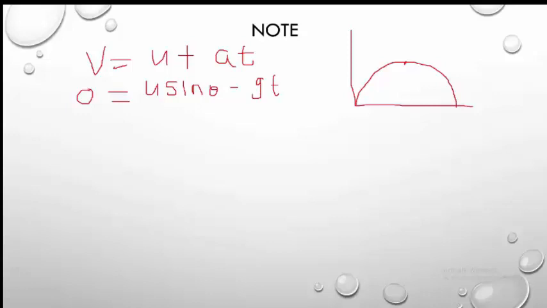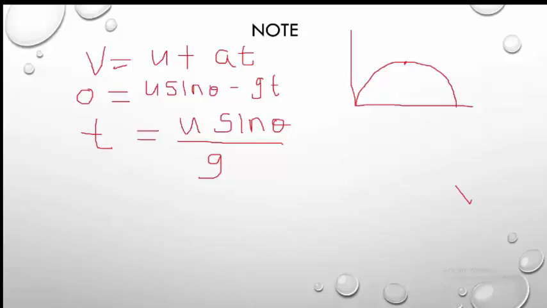If you make t the subject of the formula, t will now be equal to u sin theta over g. So this is the time taken to get to this maximum height, as it takes off from this place.